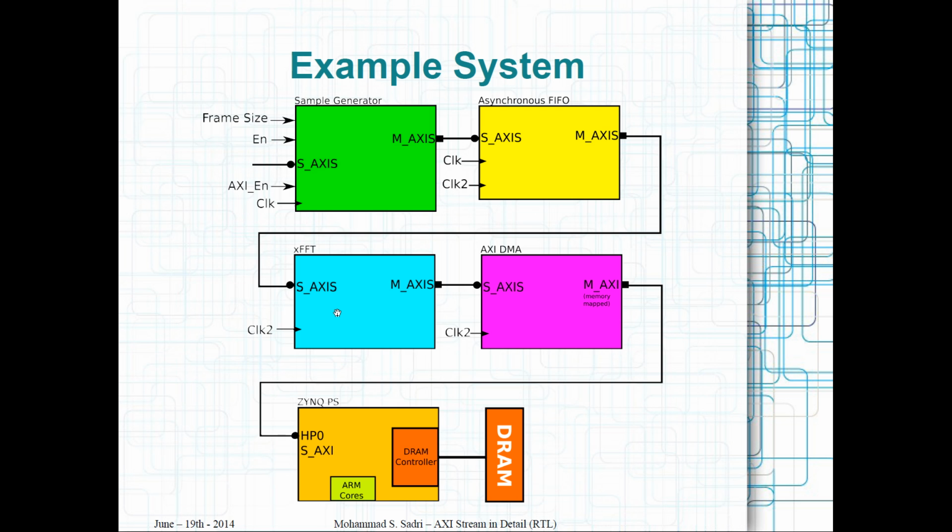The FFT block receives your frame of samples, calculates the fast Fourier transform on this frame, and then outputs the coefficients on its AXI stream port. So the stream that we see here are actually the coefficients obtained through the FFT calculation.